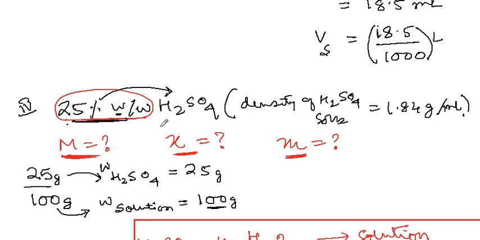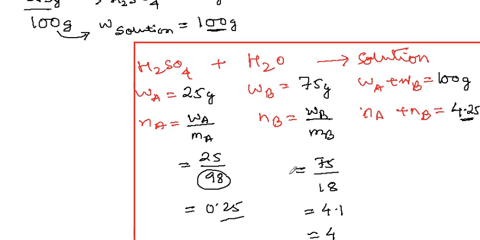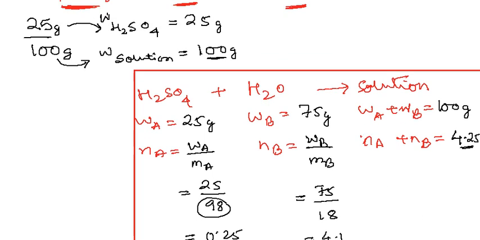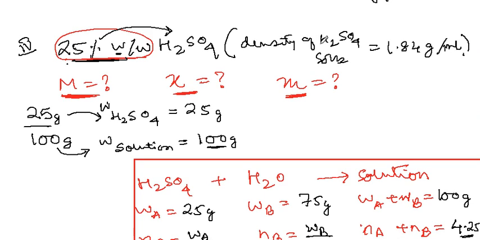And in this table, the volume is not there. We don't have any volume term here, so we need to find the volume if we want to get the value for the molarity. But to find the volume we need some additional information. That information would be our density, the information provided to us.